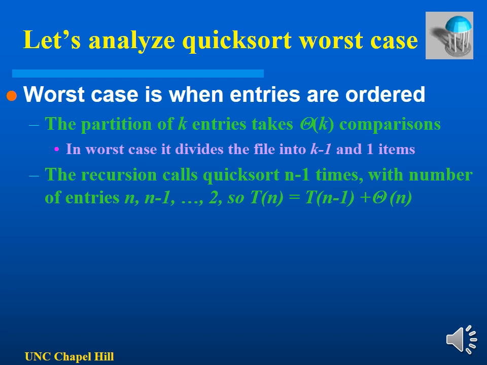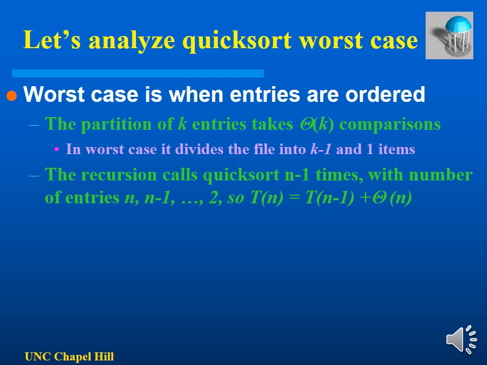This particular recurrence relation, though, is pretty easy to solve, because we notice that at time n we have theta of n work. That is to say, work that's a constant times n plus negligible terms. Then we have to sort the file of size n minus 1, which is going to be the same constant times n minus 1 plus negligible terms. And then we have to sort a file of size n minus 2, which is the same constant times n minus 2 plus negligible terms.